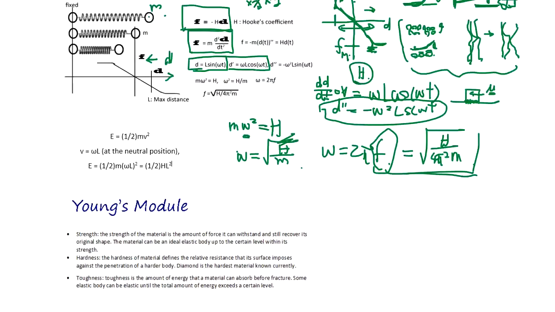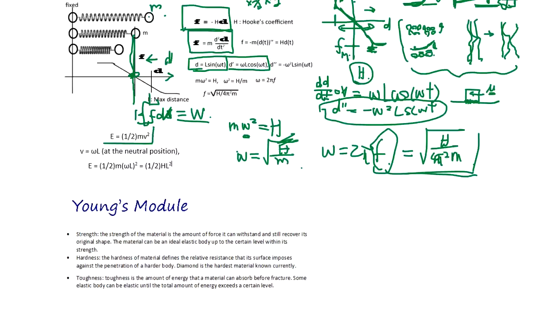Now how about energy? You stretch, so what you do is you take F, right, and dx, let's use x, dx, 0 to maximum distance L. That's the total work. But this work is converted to the kinetic energy at the center position here.